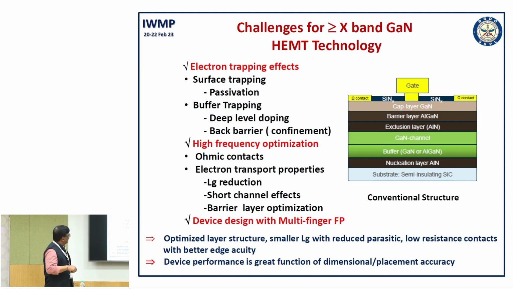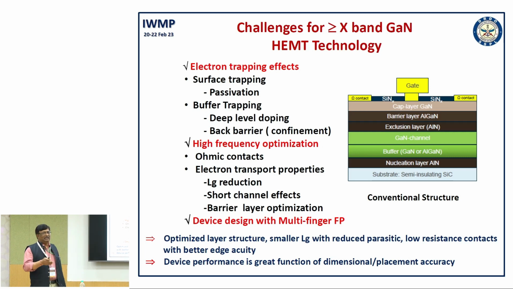Then device performance is again a great function of dimensional or placement accuracy. For higher frequency I may have achieved smaller gate length, but how accurately I am placing that gate between source and drain is equally important.